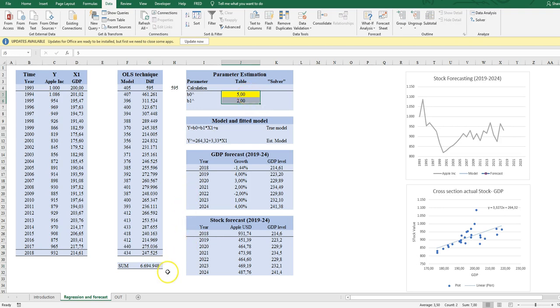So we can use the solver for this, and if you don't have solver in your Excel, you can find it in File, Options, and then go to Add-ins, and then there is a solver option.